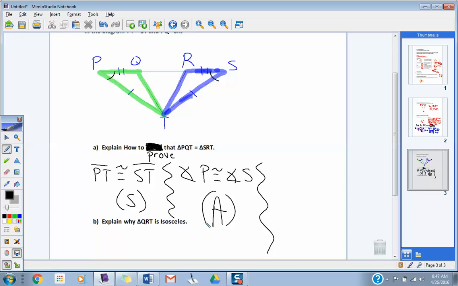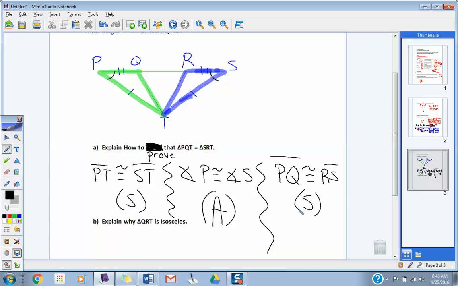What's PQ equal to, guys? Segment PQ is congruent to segment... Are those congruent sides or congruent angles on that last one? PQ is equal to RS. Is that a side or an angle?